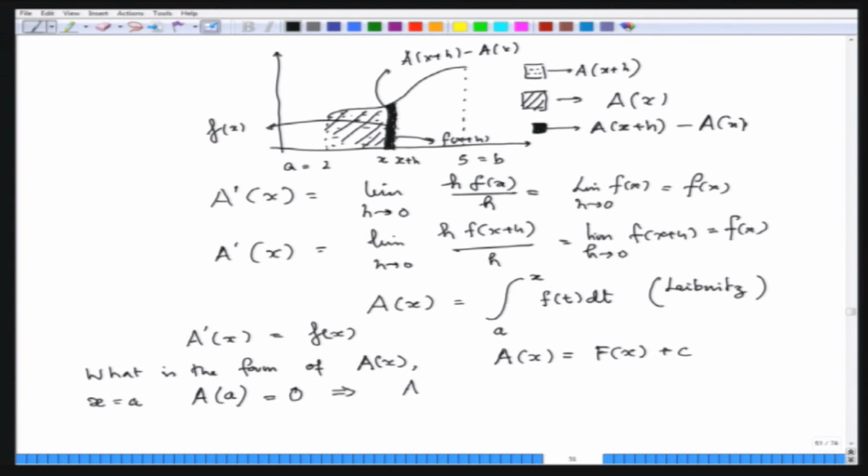So A of a is equal to F of a plus c. Now, A of a is equal to 0, so 0 is equal to F of a plus c. I just put x equal to a here. So what is c? c is equal to minus F(a).